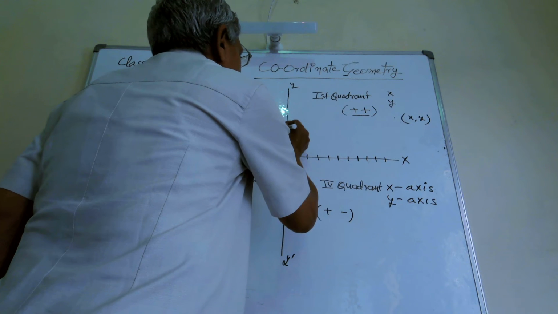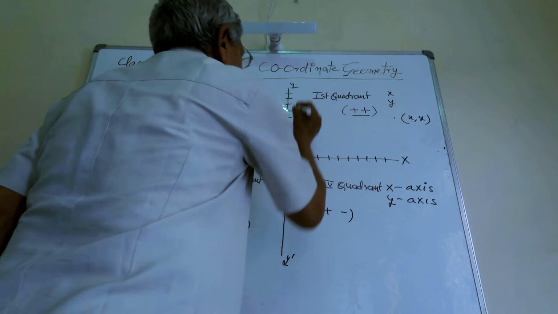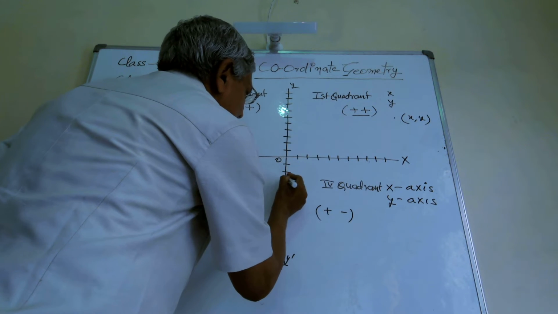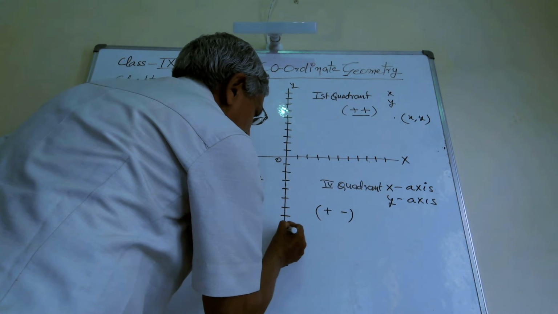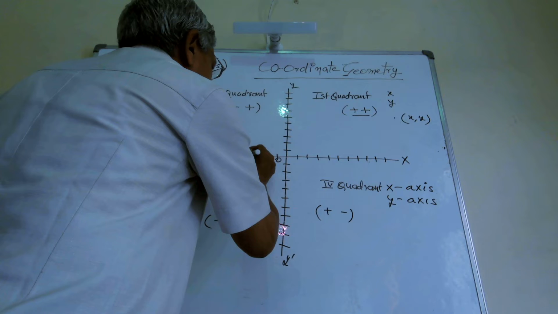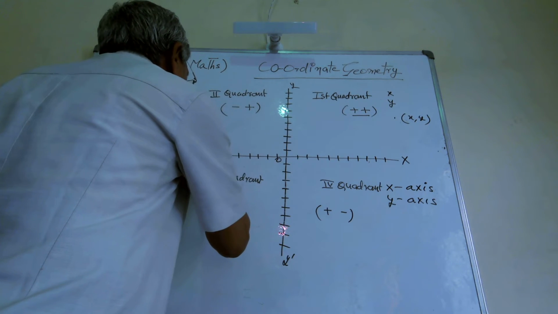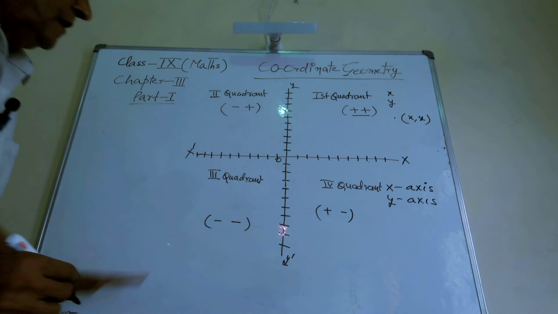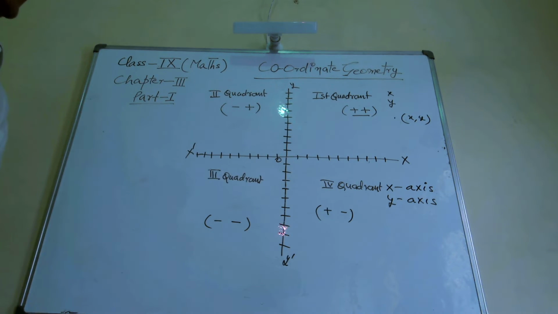Similarly divide the other lines into 10 parts each. This is the division of these lines.